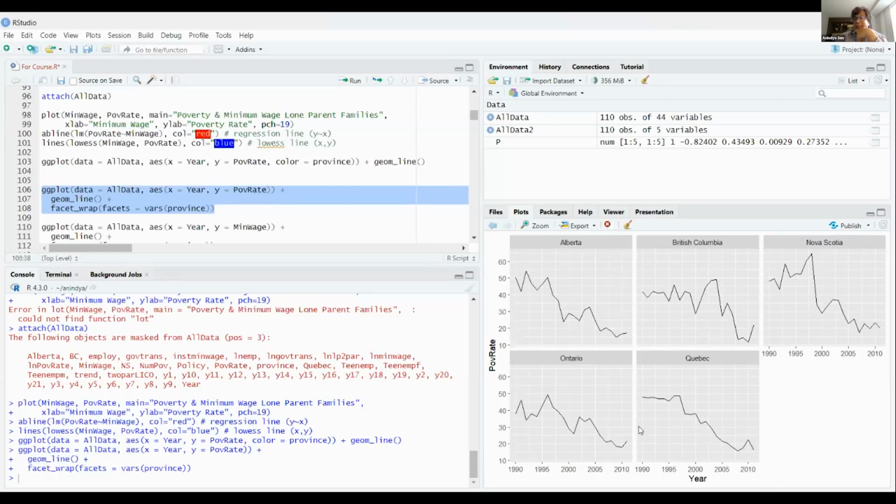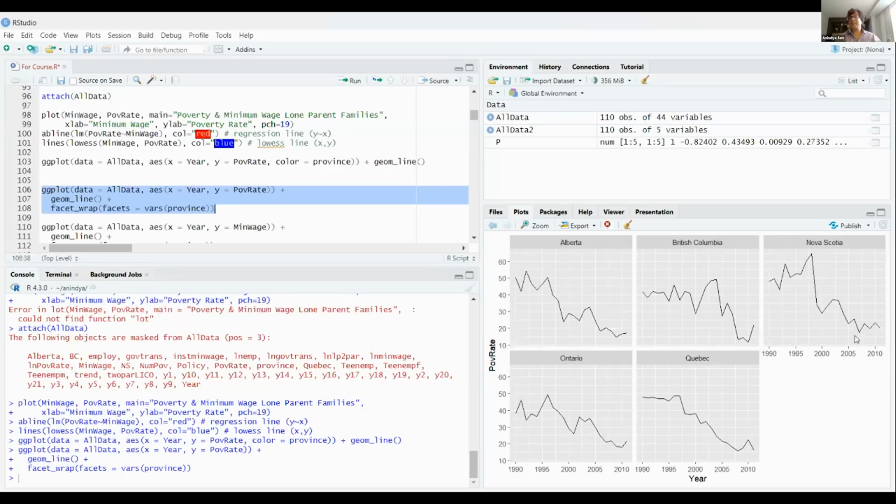So then you can see in Quebec, the poverty rate is falling somewhat steeply. You see a smooth decline in Alberta. In BC, what's interesting is that there's actually an increase in the poverty rate among lone parent households in about 2005, then there is a dip. And then similarly with Nova Scotia, there is an increasing trend and then decline.